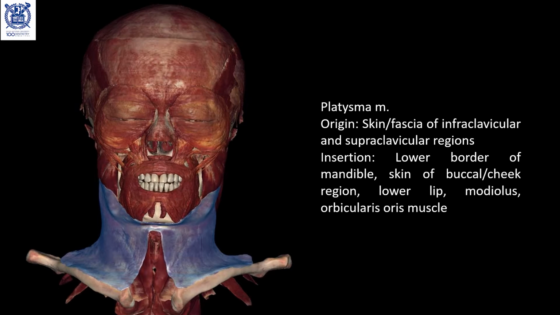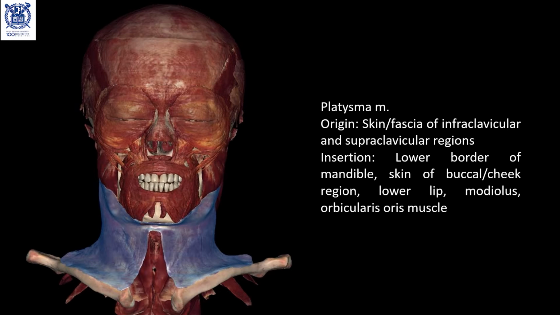This muscle inserts to the lower border of the mandible, skin of the buccal and cheek region, lower lip, modiolus, and orbicularis oris muscle. Sometimes fibers can be traced to the zygomaticus major muscle or to the margin of orbicularis oris muscle.